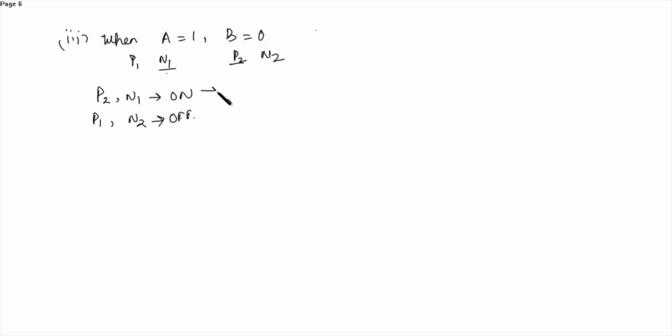So this is represented by the short circuit, and this is represented by open circuit. When P1 is off and P2 is on, off is represented by open circuit and on is represented by short circuit.